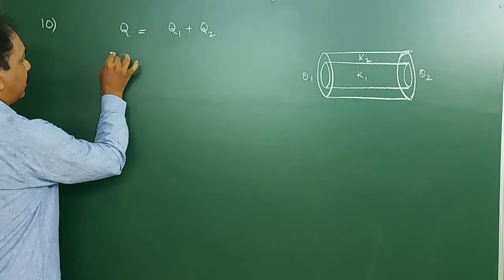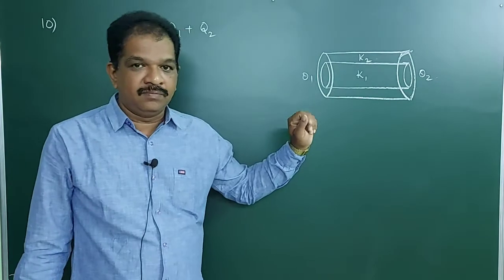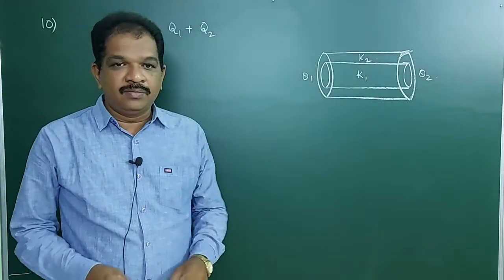So, what are the constants? Time is the same. Length is the same for both the rods.